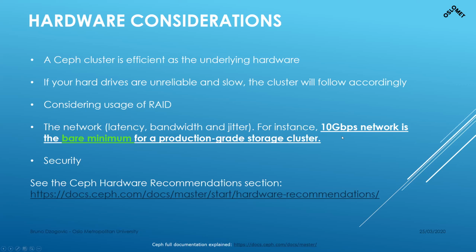The average speed of network will be 40 gigabits per second for the storage because you don't know how much the storage will be accessed at what particular time. You don't want network bottlenecks when accessing your storage, and also security. So there's a lot of considerations. These recommendations are given here, and you can go through the detail on the link.